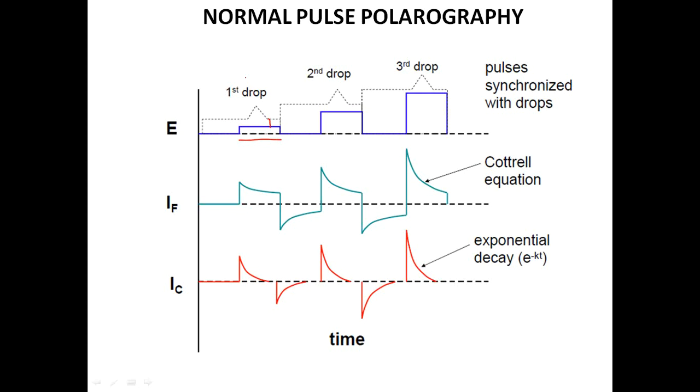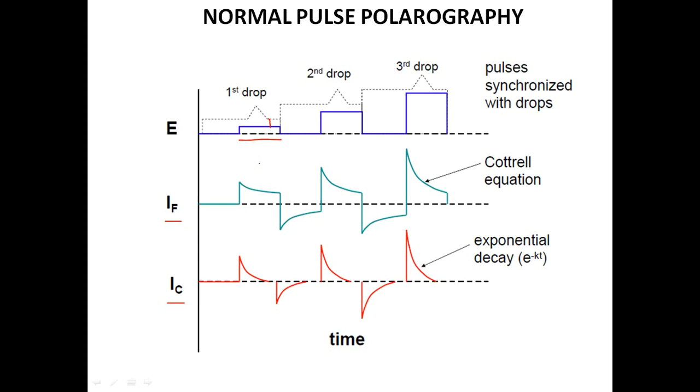At the end, only the Faradaic current is being measured, which decays very slowly, but the capacitive current decays very fast and is almost negligible at the end of the mercury drop's life. So the capacitive current measured is very small in this case.